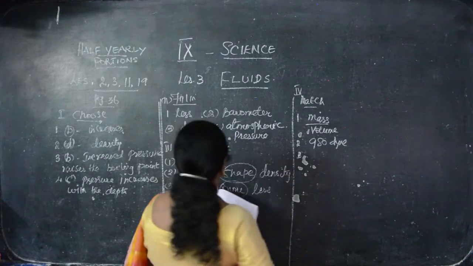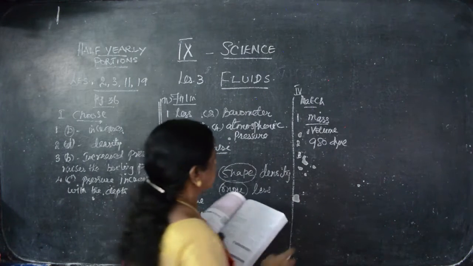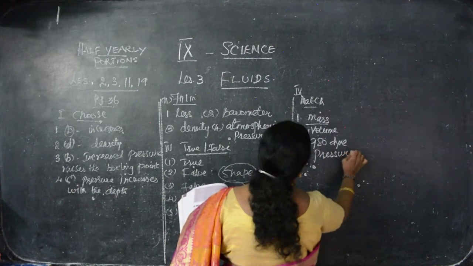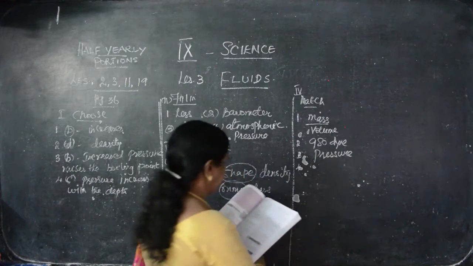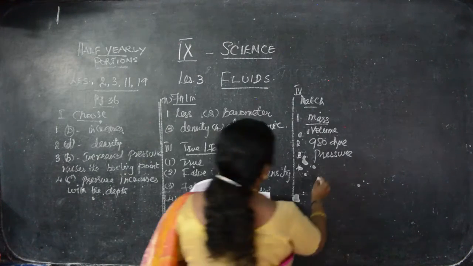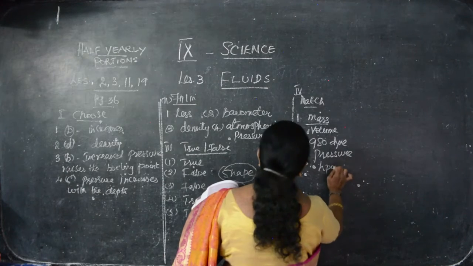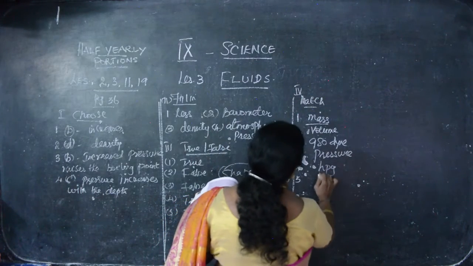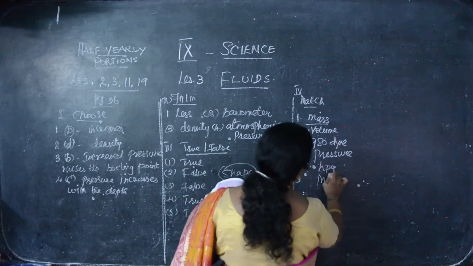And the third one, Pascal's law, that is pressure; it works on pressure. And the fourth one, pressure exerted by liquid, that is HPG. And the fifth one is lactometer, that is used to find out the density of the milk.